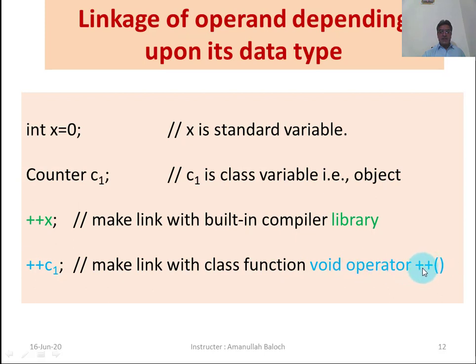So this is the operator function, and here the compiler will attach or link this statement with this operator function, not with the library function. Here the computer will make the link with the library. Here the computer will make the link with the class operator function, because this is an object and this is standard data, that is integer data.